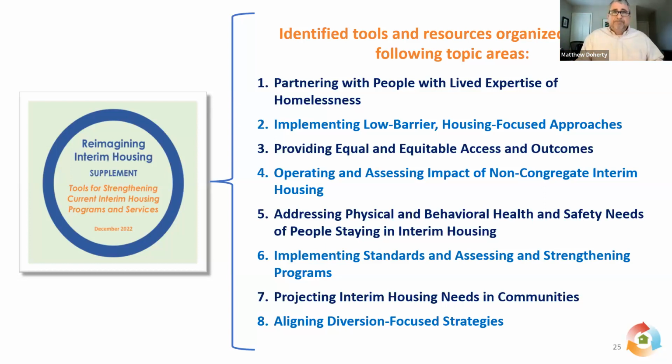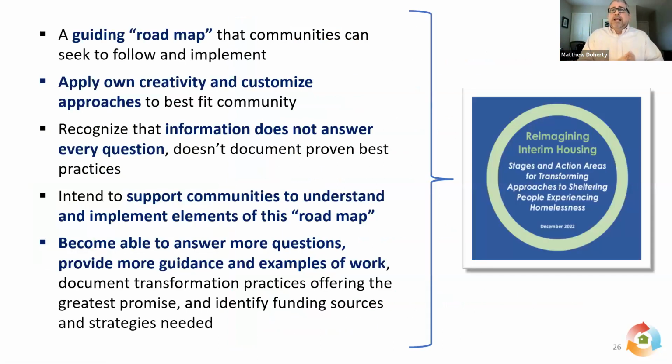Next slide, please. The fundamental document that we're going to talk about the most today is Reimagining Interim Housing, and the stages and the action areas. We want people to receive this document as a guiding roadmap that you can seek to follow and implement, and that you can use to apply your own creativity and customize the approaches to best fit your community.